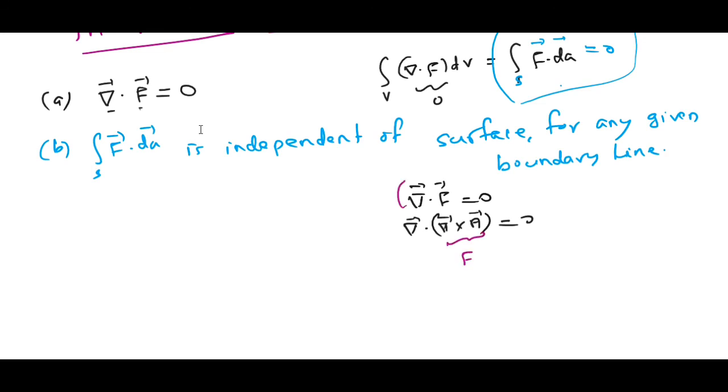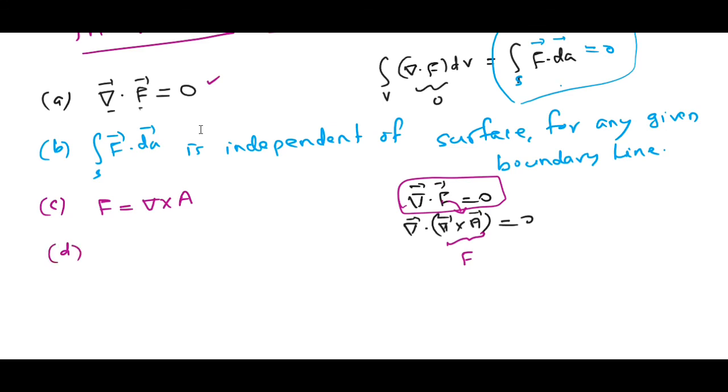That is, if divergence of a vector function is 0, then that vector function f can be written as curl of another vector. Okay, that is our C. If del dot f is equal to 0, then f can be written as del cross A.